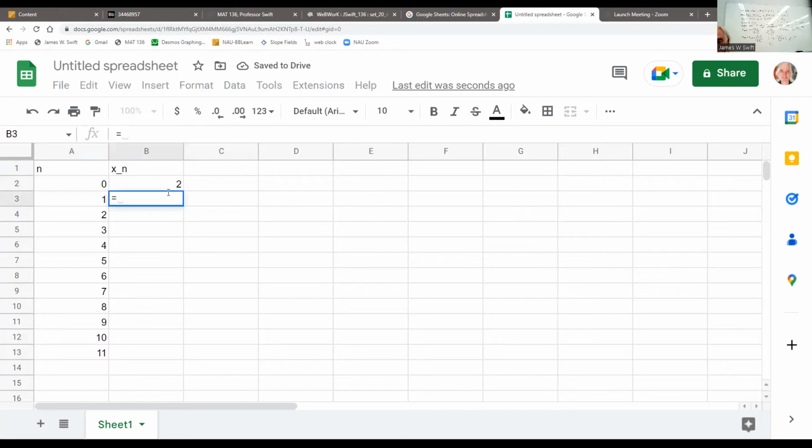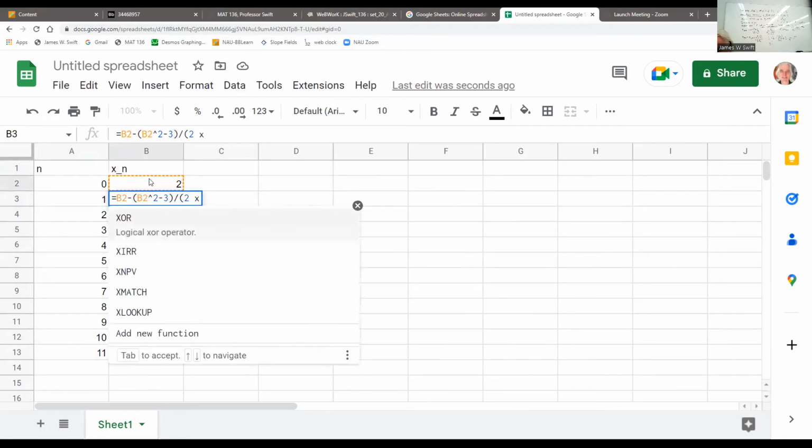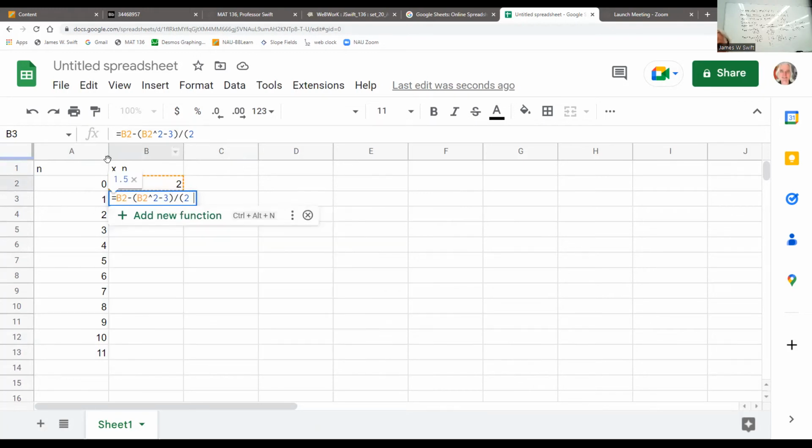This is going to equal the previous x minus, in parentheses, the previous x_n squared minus 3 divided by 2 times the previous x. Now, I'm not sure if I need to use a times multiplication symbol there. I think I'm going to, just to be sure. So I got, oh, look at that. I got 1.75 just the way I did by hand. That gives me some confidence.